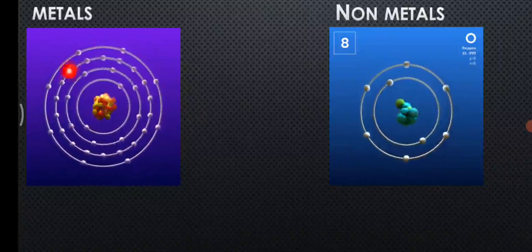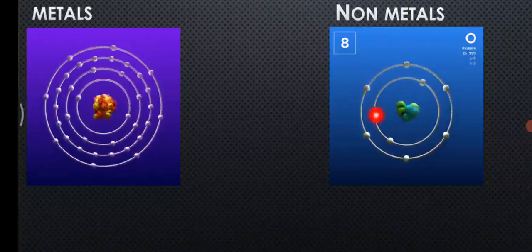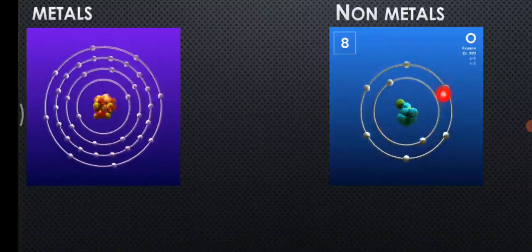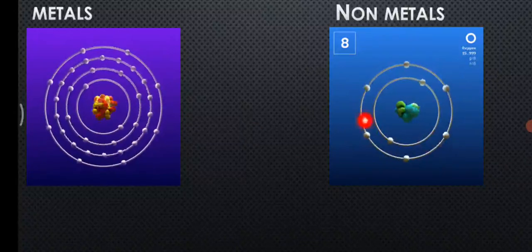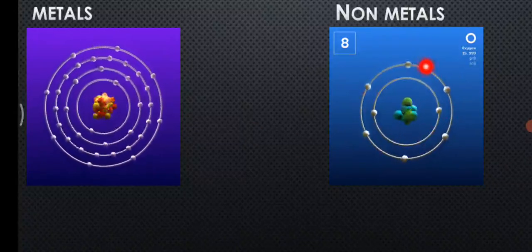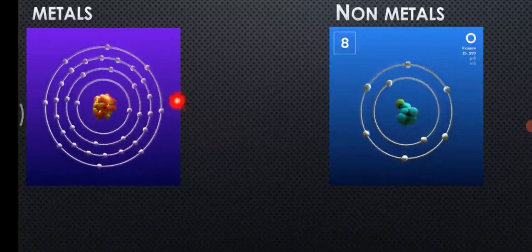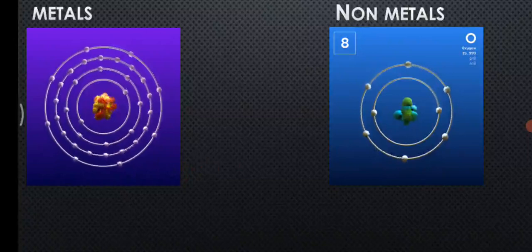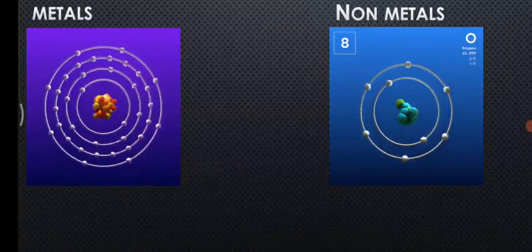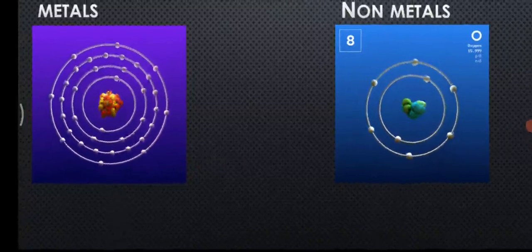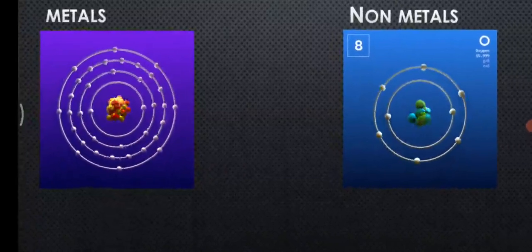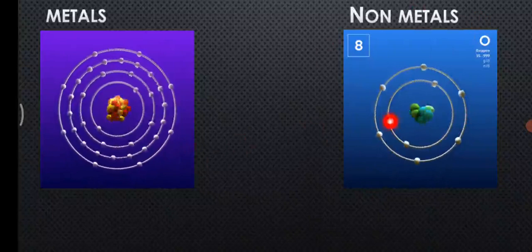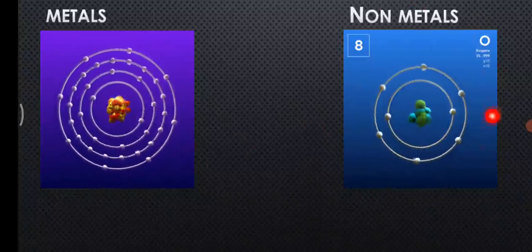We are going to get free electrons in the metal, whereas in non-metals, as there is more force of attraction between the electrons and protons, we are not going to get any extra electron. Here we get an extra electron, and that extra electron we make to flow. That's why metals will conduct electricity. Why? Because we are getting an extra electron over there which we can make flow. Whereas in non-metals, we are not going to get any extra electron.